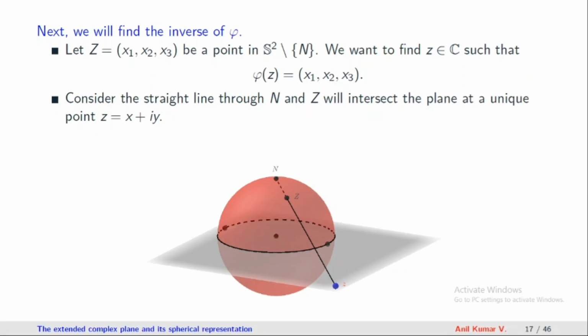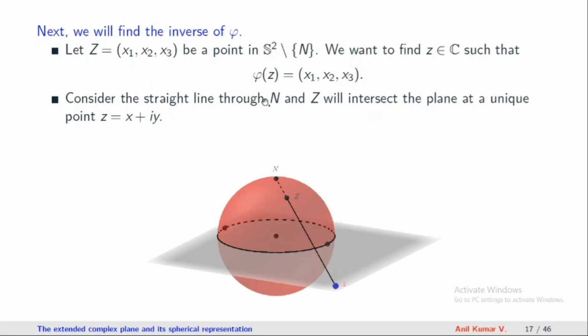Next, we will find the inverse of the function phi. Here the problem is: given a point (x1, x2, x3) in S2 minus n, we want to find a z in C such that the image of z is equal to (x1, x2, x3).